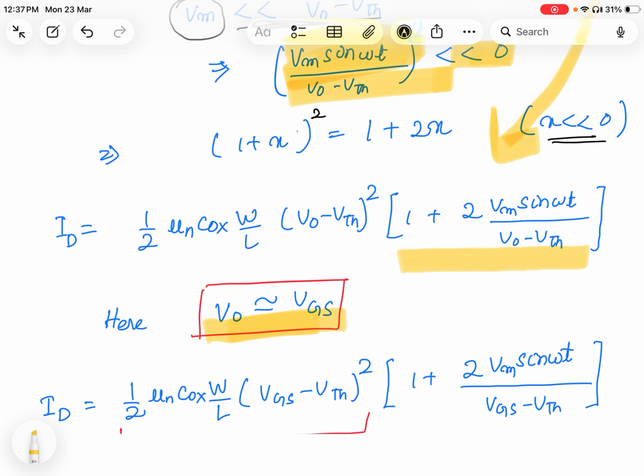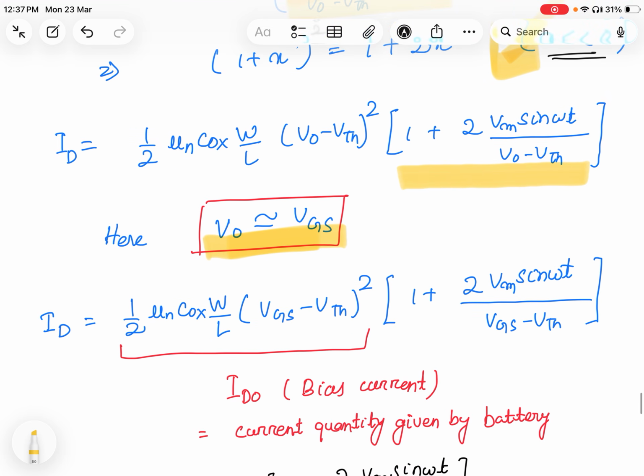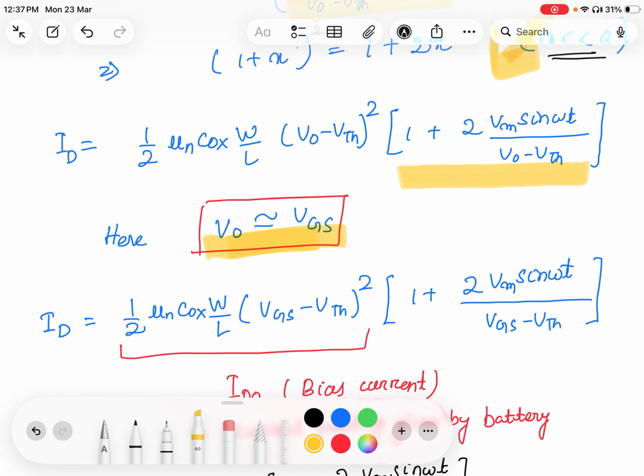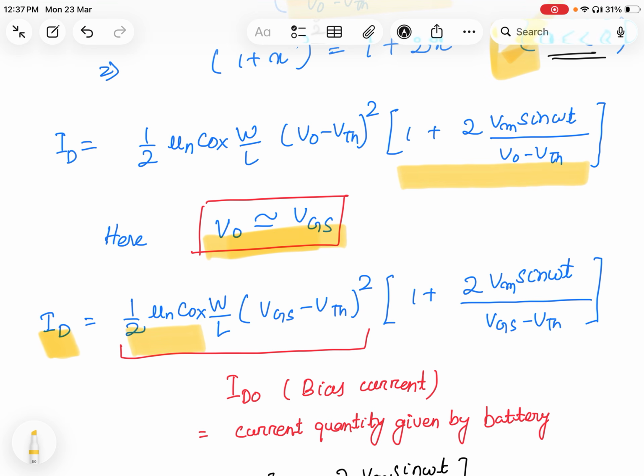As this Vm sin omega t is very small, we can approximate here that V0 is equal to VGS. Now by putting V0 equal to VGS, I get the drain current ID equal to 1 by 2 mu n Cox W by L (VGS minus Vth) whole square plus this thing. And this one is nothing but the drain current due to the bias, due to the V0.